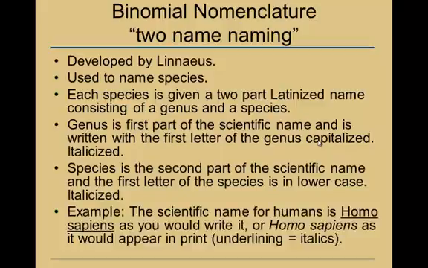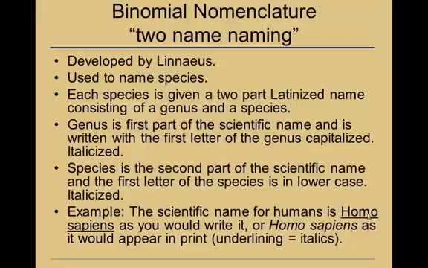Italicizing is how you do it in print, but since we can't really write italics, at least I can't, we typically underline. And here is an example that you need to remember, because this is the scientific name of your species. It's Homo sapiens. Homo means man or human, and sapiens means wise. So we have modestly named ourselves wise man, as you will.